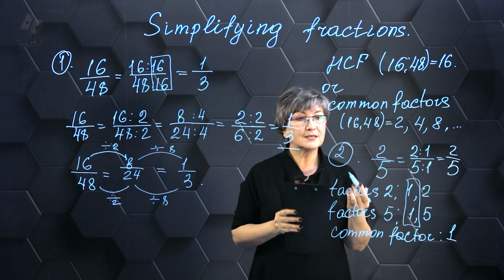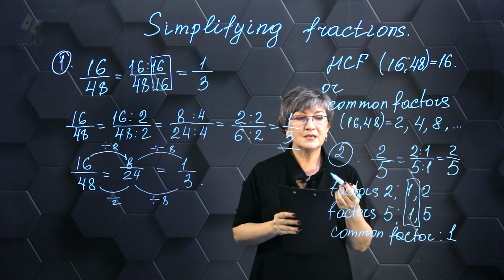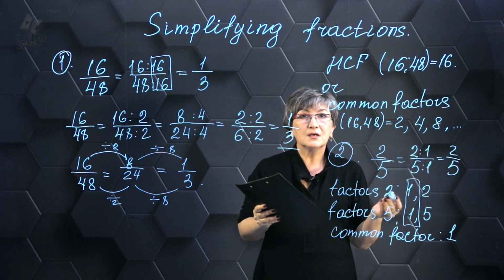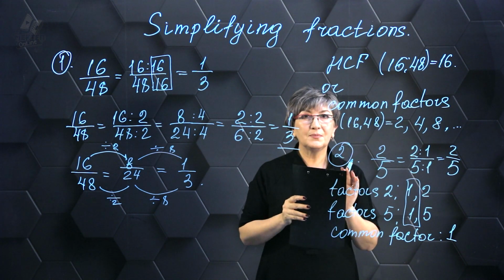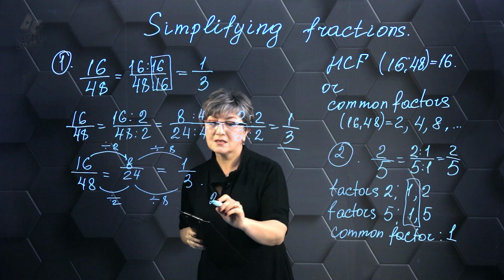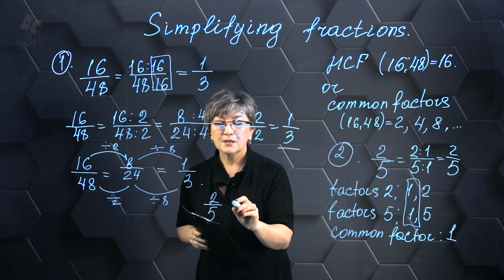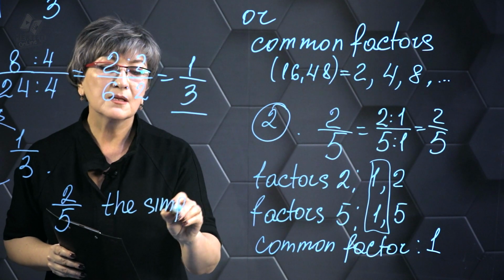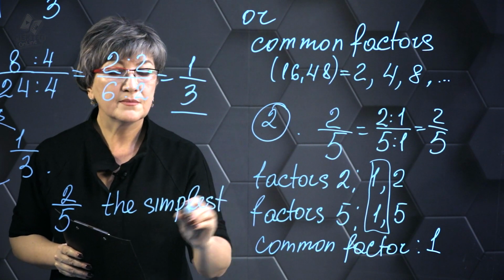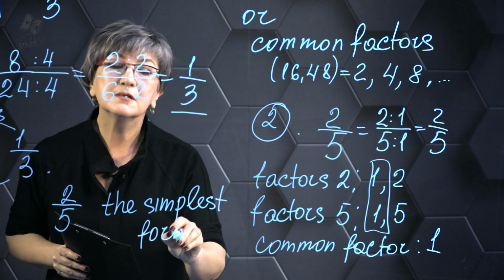Therefore, in cases where the common divisor is 1, it is not necessary to reduce this fraction. That is, the fraction 2/5 cannot be further simplified and is irreducible, a fraction that cannot be simplified.